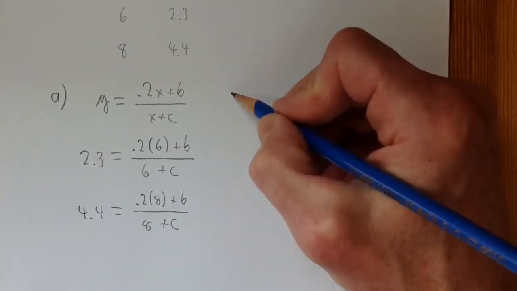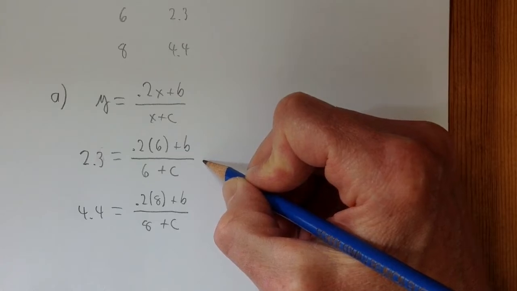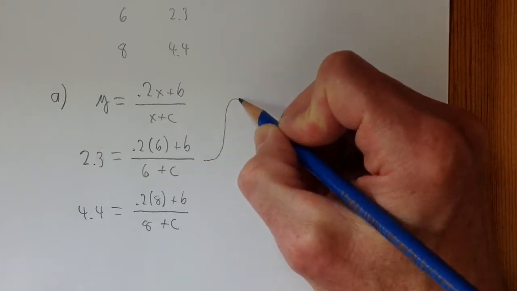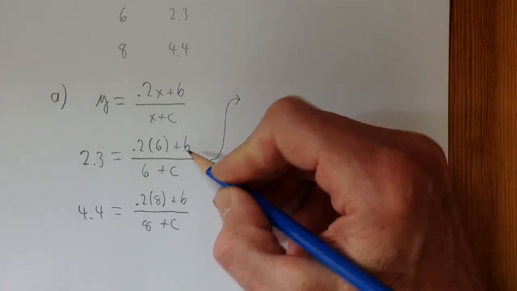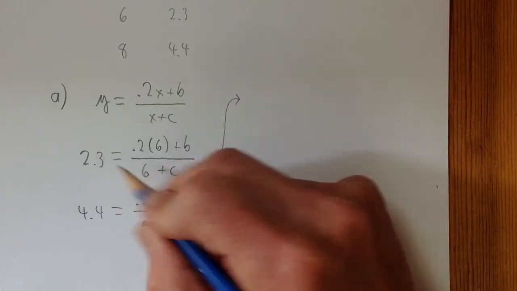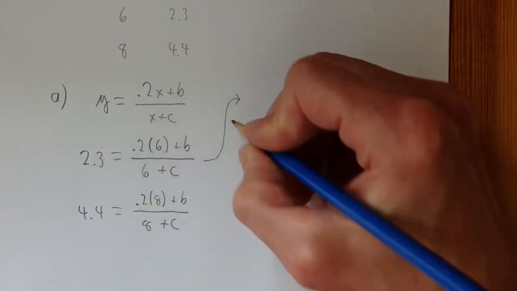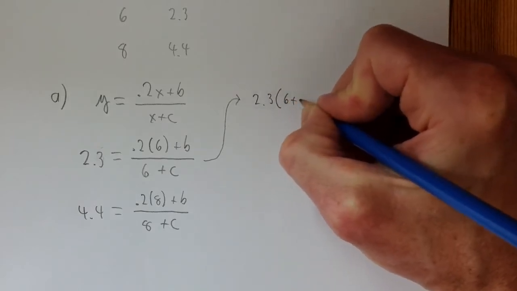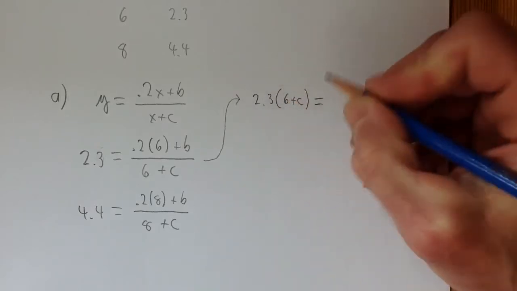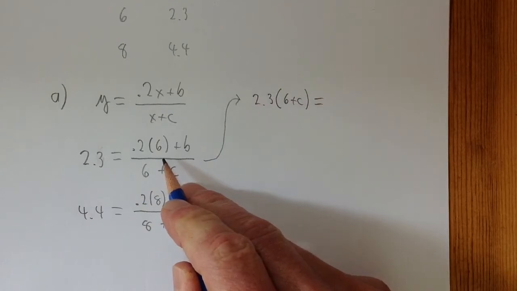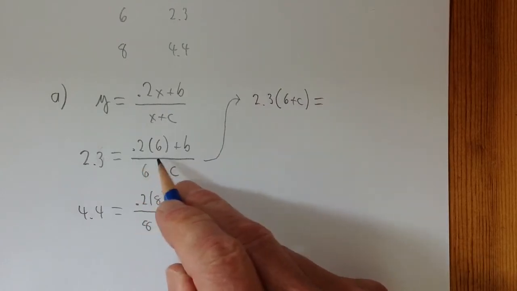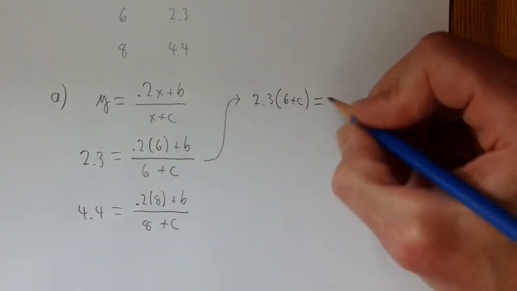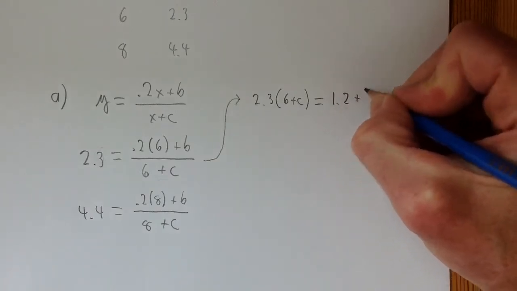Okay, so I'm going to go back up here. I'm going to take this equation here, and I'm going to work in this space, and I'm going to solve for b. So I'm going to put my 6 plus c on the other side, multiply top and bottom by 6 plus c. So 2.3 times 6 plus c is equal to 0.2 times 6. That's 1.2, right? So 1.2 plus b.